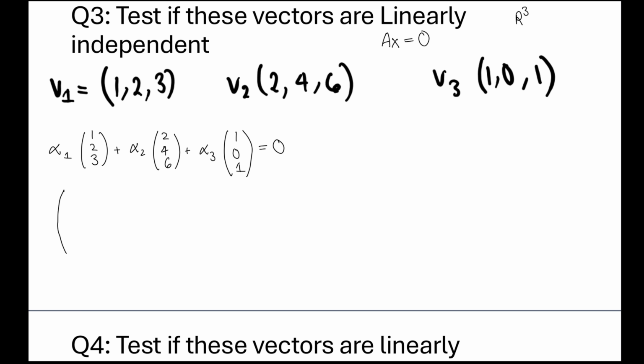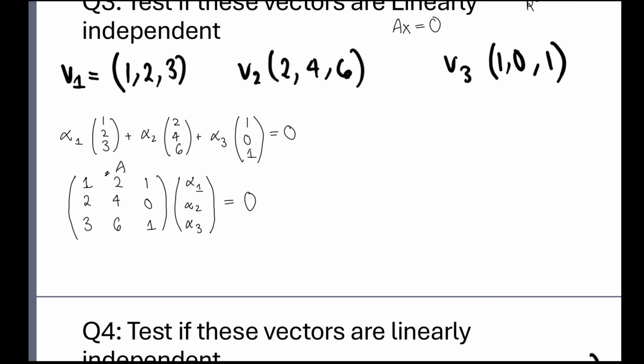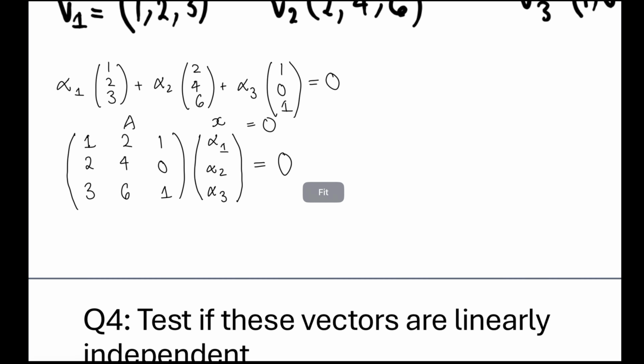So in order to do that, our matrix A, which is an n times k matrix, would be 1, 2, 3, 2, 4, 6, 1, 0, 1. So these vectors are its columns, and then x, which is our coefficients, and this is equal to 0. So this is the matrix A multiplied by x and is equal to 0.